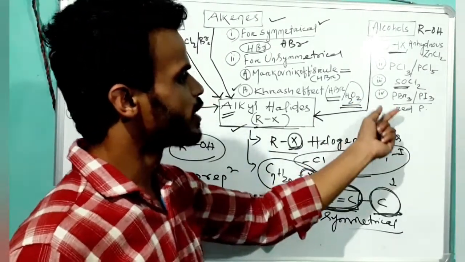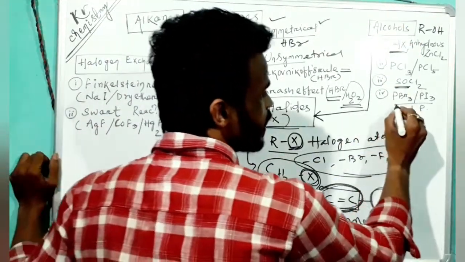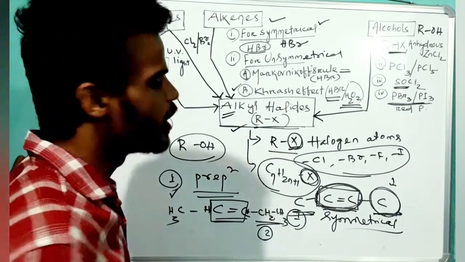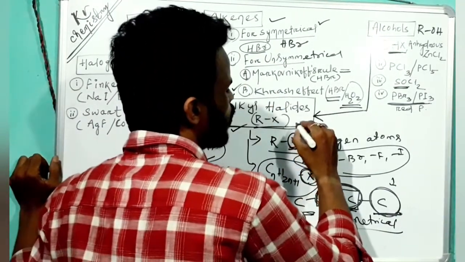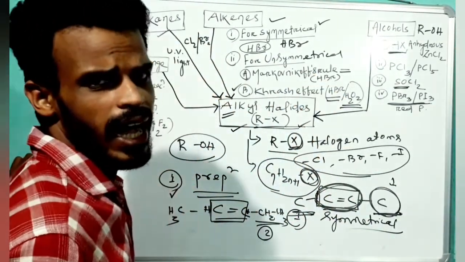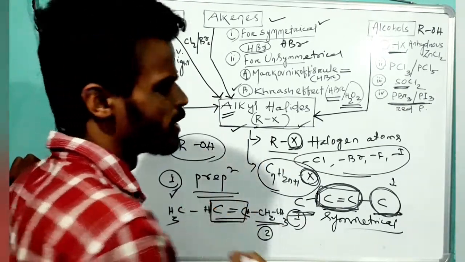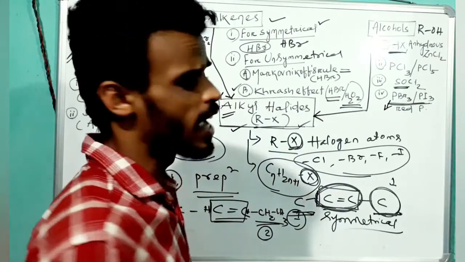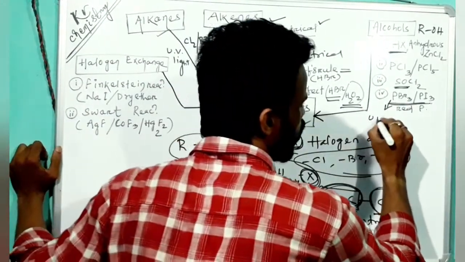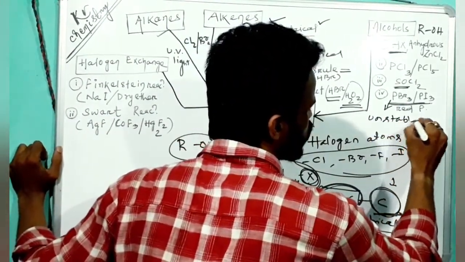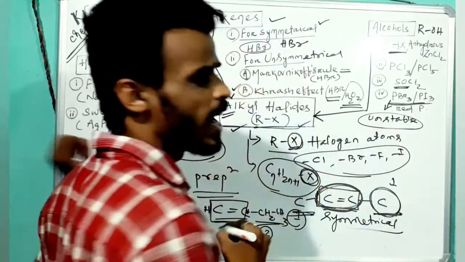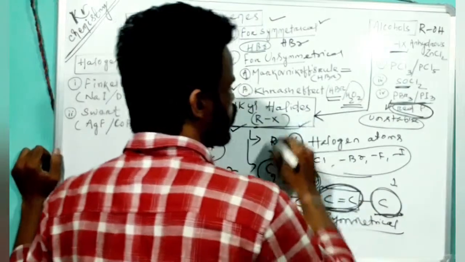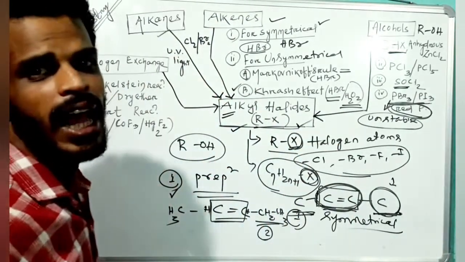And the last is when alcohols react with phosphorus tribromide and phosphorus triiodide, it forms alkyl halides or haloalkanes. Phosphorus tribromide and phosphorus triiodide are unstable, so they are generated with red phosphorus to form alkyl halides.